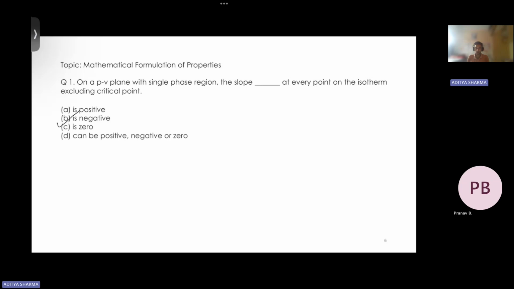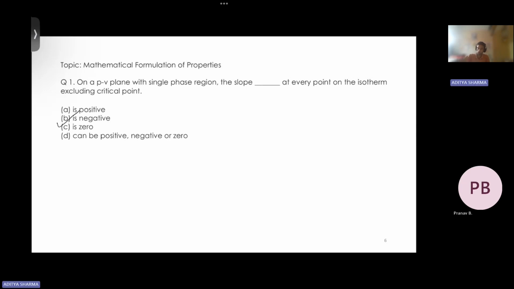First is the slope is positive at every point. Second is slope is negative at every point. Third is it is zero at every point. So it can be positive, negative, or zero.